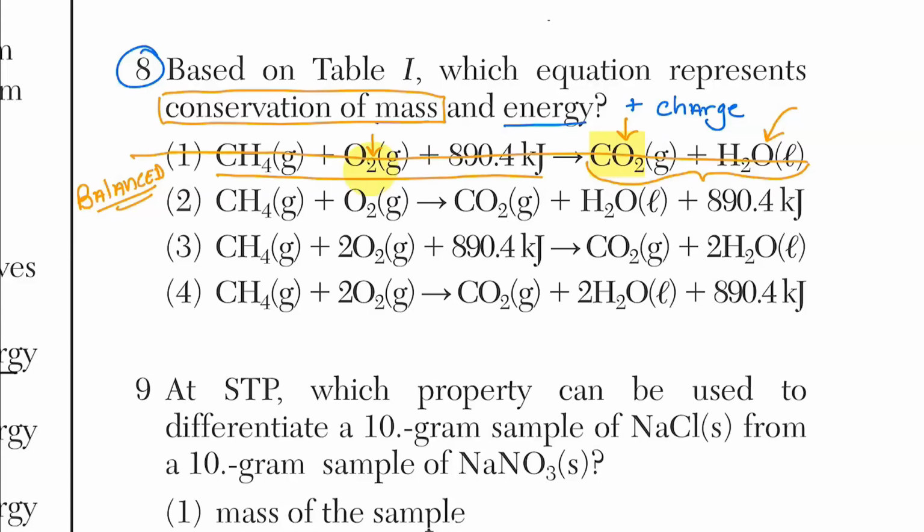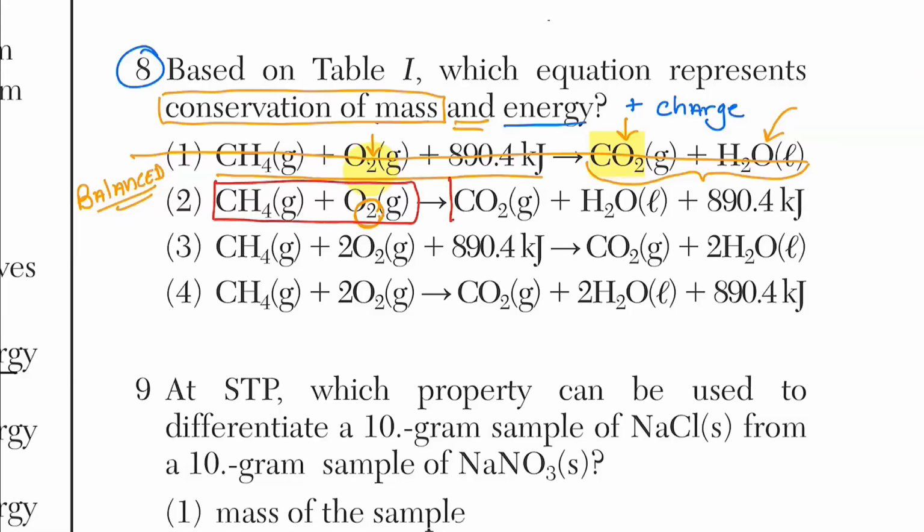I don't care about the energy because they said "and." So who else is balanced correctly, or incorrectly, to cancel out in this case? I'm going to eliminate the choices that I know are incorrect because they're not balancing correctly. Look at number 2. We've got 2 oxygens on the reactant side, to the left of the arrow. You've got to know that to the left of the arrow is your reactant side.